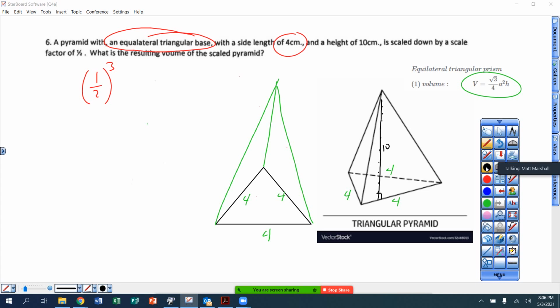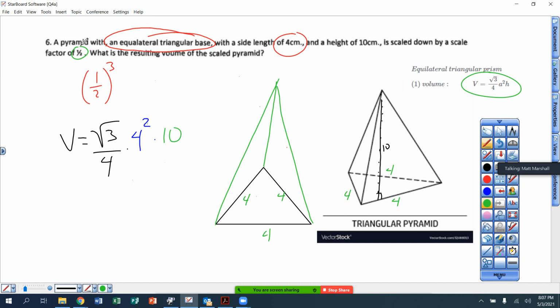So for the volume of an equilateral triangular prism, it's square root of 3, which is super sucky, over 4, times that 4 number, which is one of the lengths, squared, times that height number, which is 10. And then after all that, I got to worry about that scale factor and what I do for volume and take it times a third.